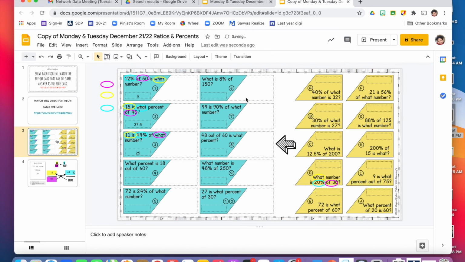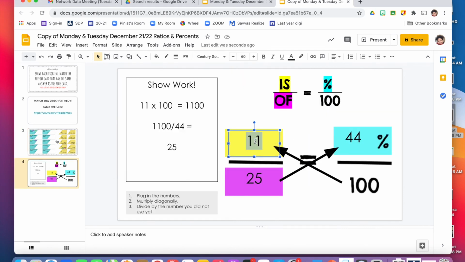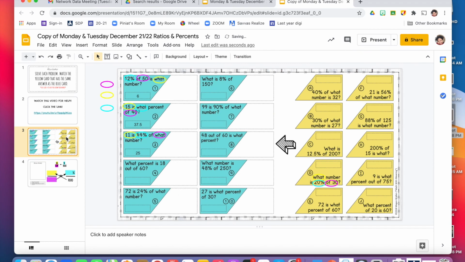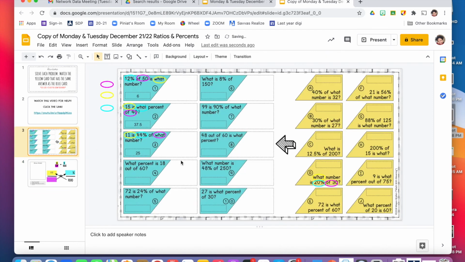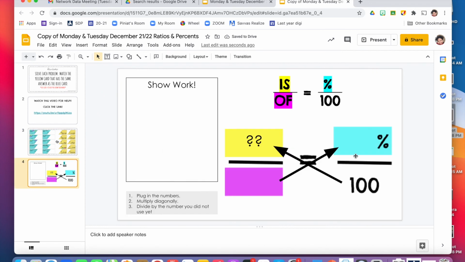Okay, now let's go show our work. And of course, again, I forgot to delete my work. So let's show our work. Okay. So here we go. What number is 20% of 30?